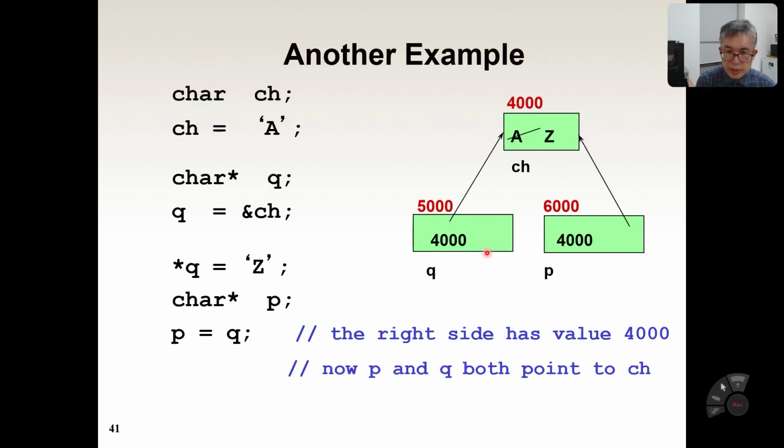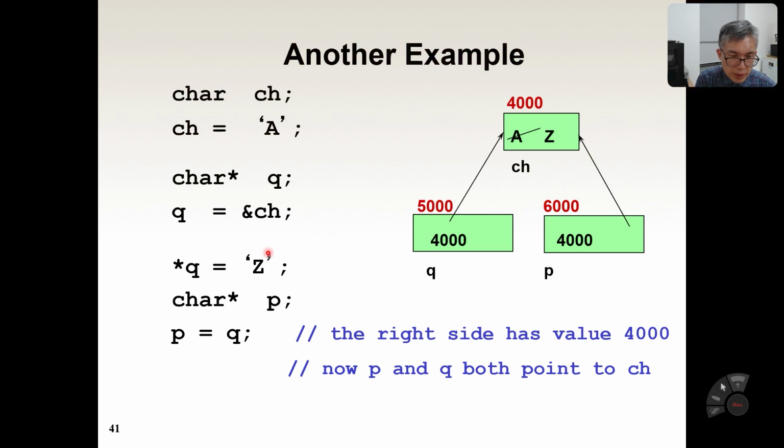Another example case, a character pointer. Character variable ch is set to capital A, and then we declare the character pointer q, which points to the address of ch.